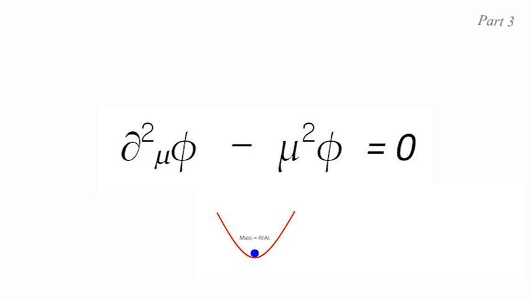The cup is curved upwards, the field is in stable equilibrium, and any disturbance will make the field oscillate. There will be energy involved in the oscillation, as the field increases and decreases, and the disturbance, wave, particle, whatever you like to call it, will have a mass. It will be a real mass, and the mass will be given by mu.